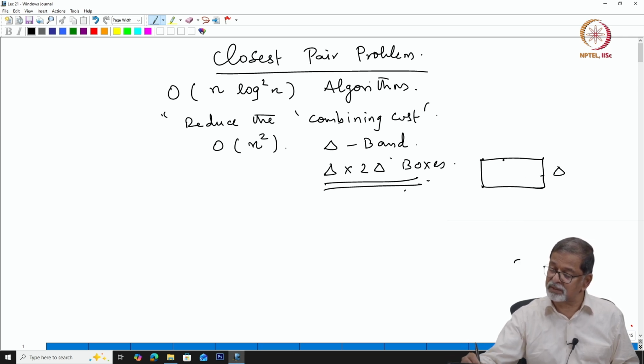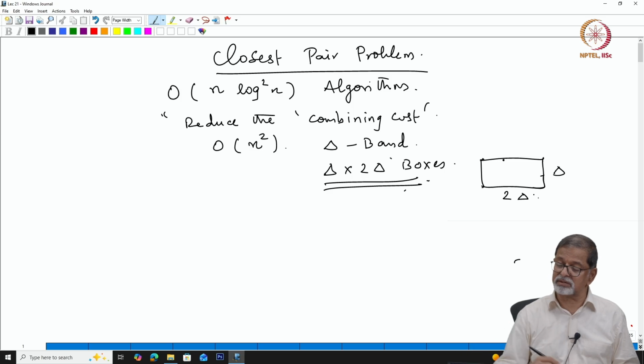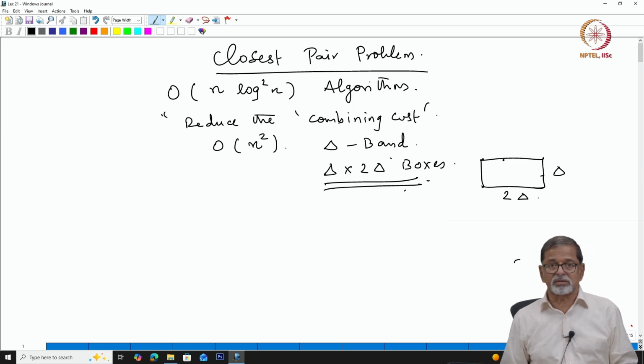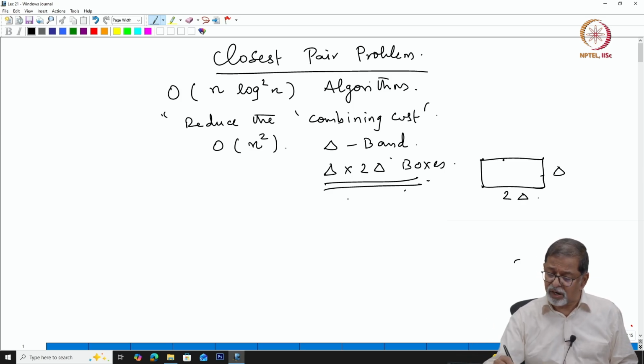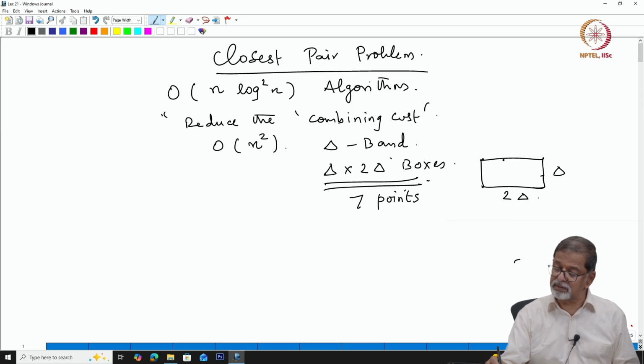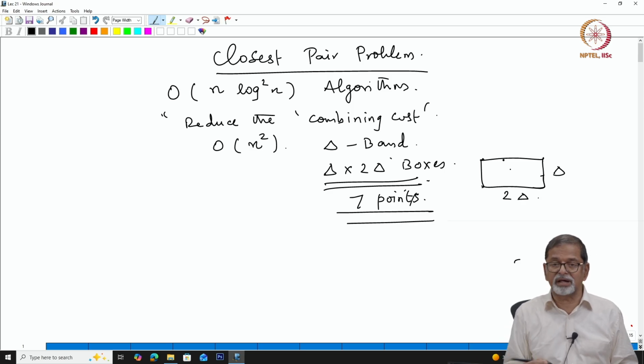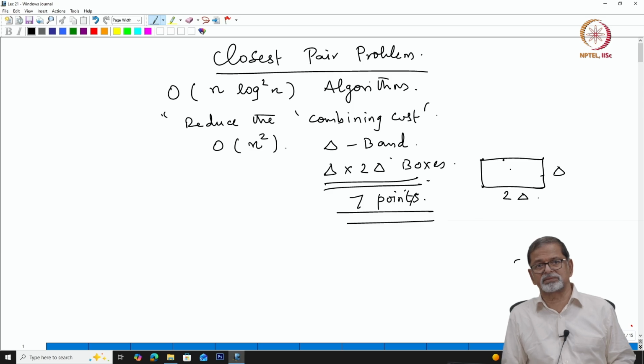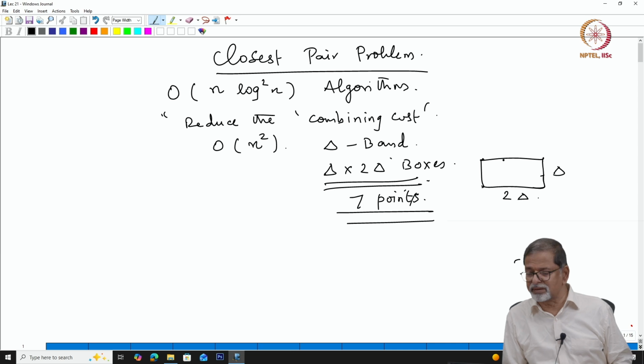This will be delta and this will be 2 delta box within the band. And we have already argued that there are at most 7 points other than the given point possible in this box.